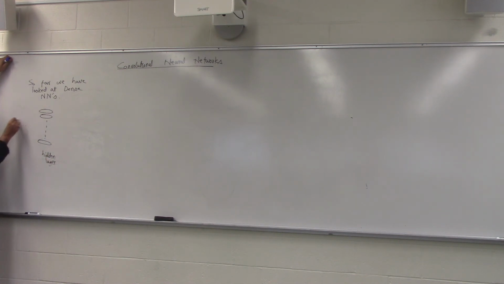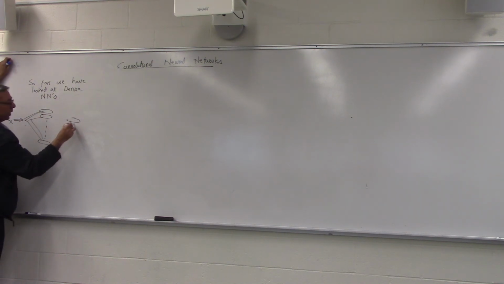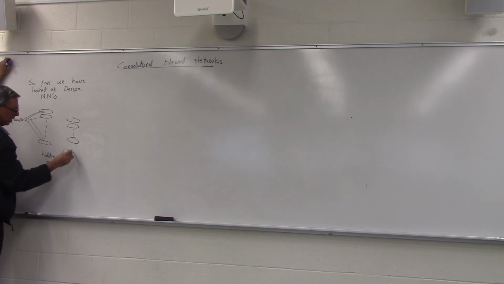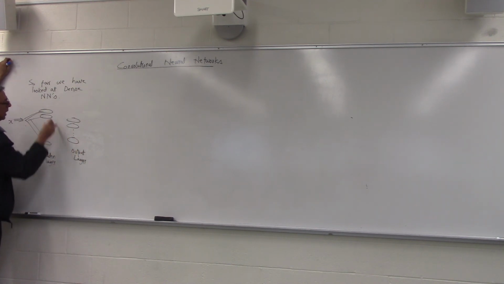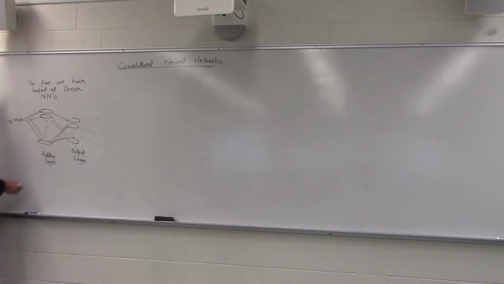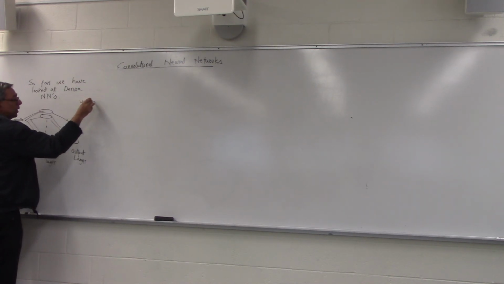Right? We have some inputs. These feed to all the neurons. We have some output layer. Okay, and all of these go everywhere. Okay, we also discussed the universal approximation theorem.